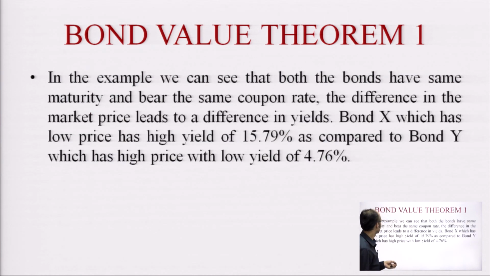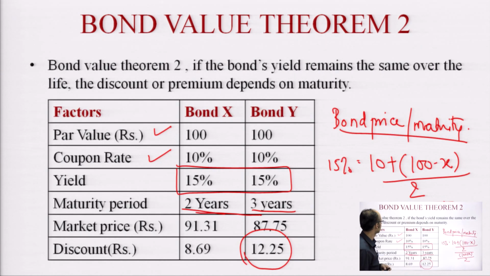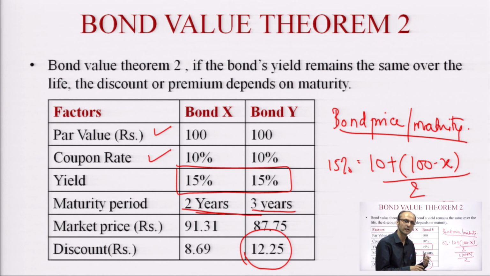What does bond value theorem 2 state? It also relates to the bond price and maturity relationship. The theorem says if the bond yield remains the same over its life, the discount or premium depends on the maturity. It means there is a significant impact of the maturity period on the bond price.